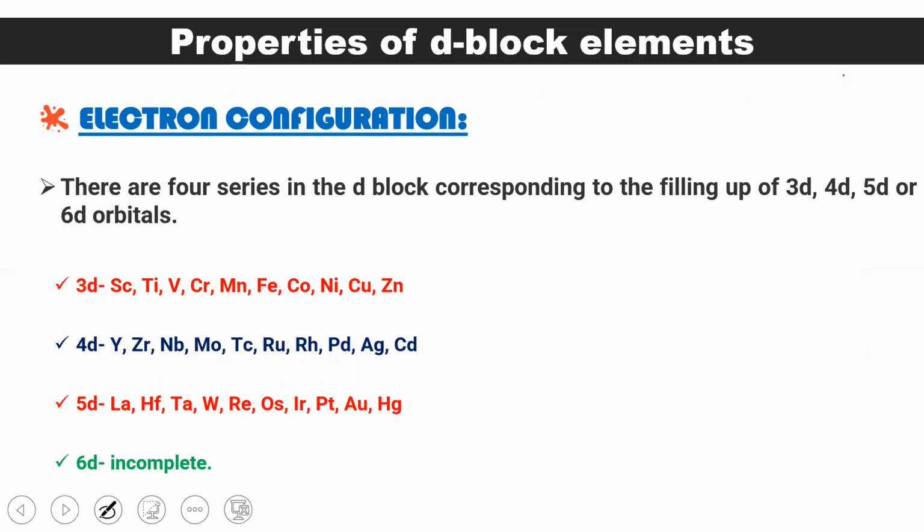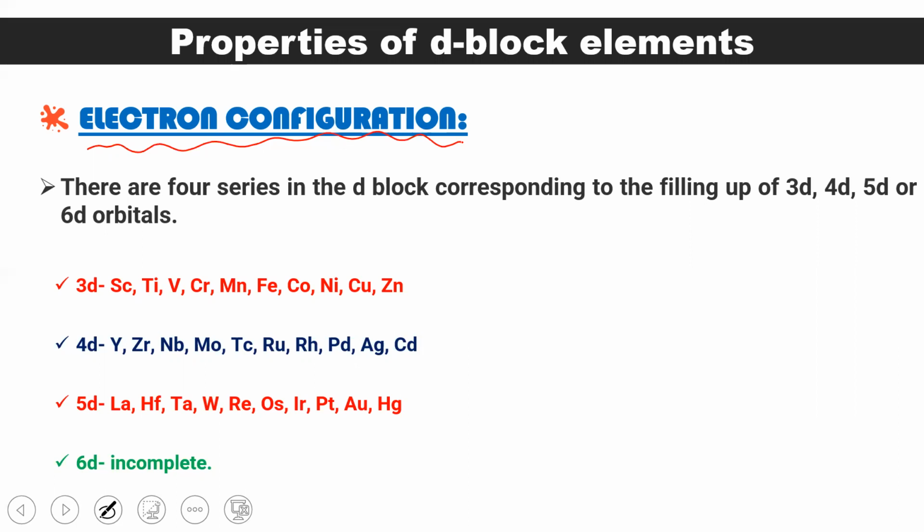So let's see the properties of D block elements. The first one is electron configuration. Let's see the electron configuration for the D block elements, which show different types of electron configurations compared with other elements, and why.